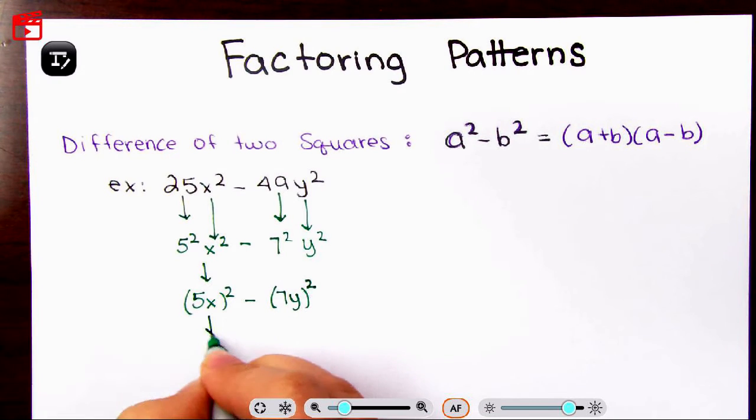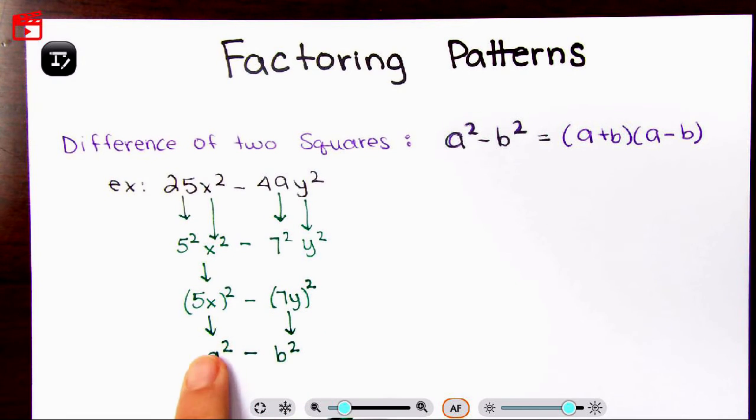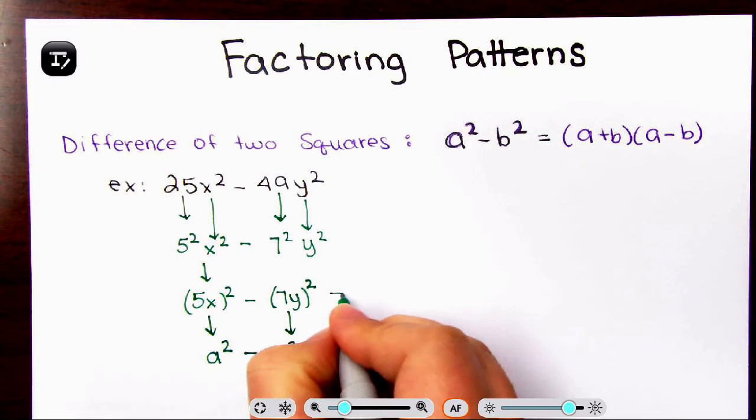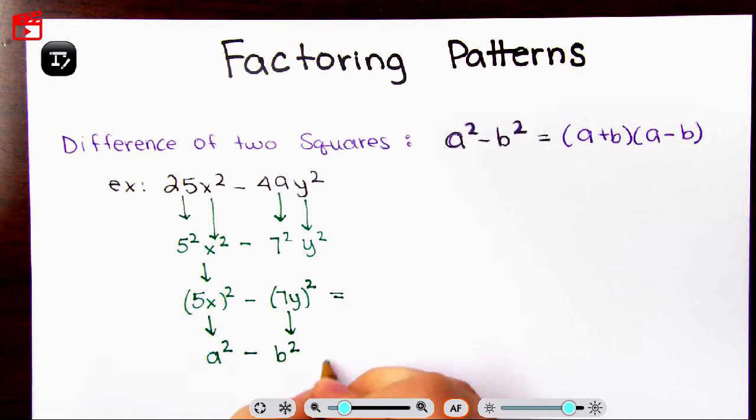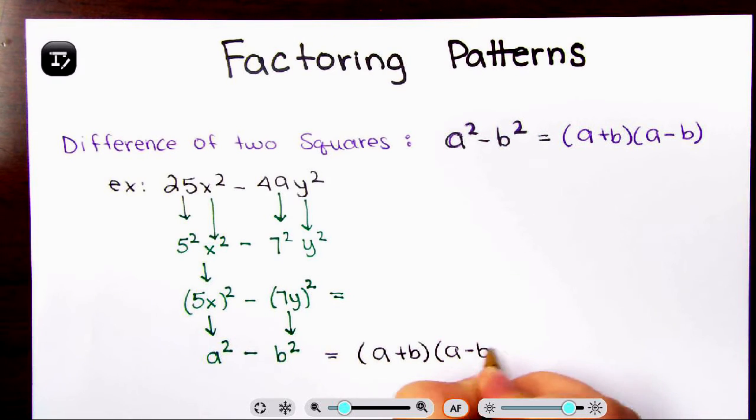Do you see how this is a squared minus b squared? So if you have something squared minus something squared, when you factor, you have to factor it as a plus b and a minus b.